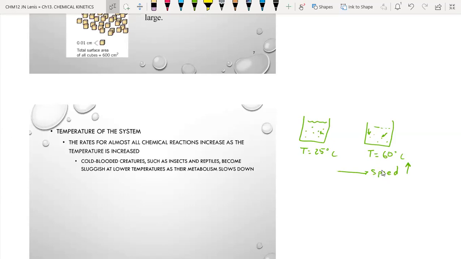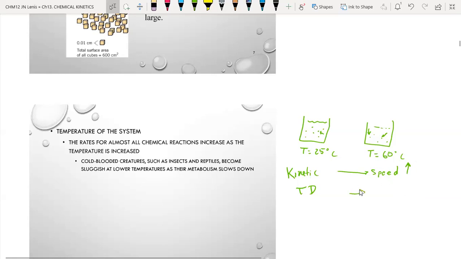Later on, we are going to study more factors related to this concept, and we are going to talk about thermodynamic conditions. So from the kinetic point of view, and this is important to remember, increasing the heat, the temperature, increasing the average kinetic energy of molecules will increase the speed of the reaction. Now, from the thermodynamic point of view, we need to ask, is the reaction going to occur at higher temperatures?